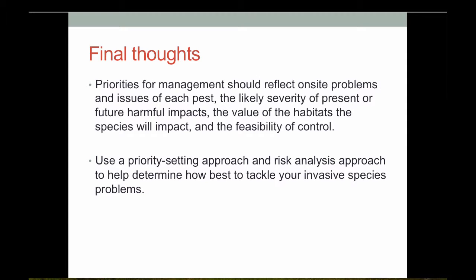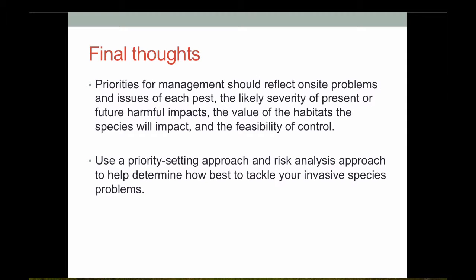And then finally, you really need to be thinking about the feasibility of control. When we think about the cost associated with trying to control hemlock woolly adelgid or emerald ash borer as an invasive pest, we really can't do that cost efficiently. So you may need to be thinking about the feasibility of control, how you're going to deal with that, and then how you're going to think about restoring your site once those pests are present.